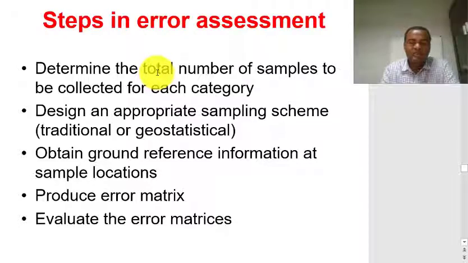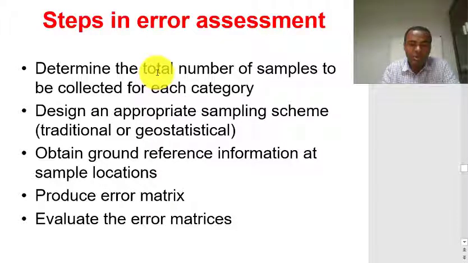Next, obtain ground reference information at sample locations. Once you finish your classification result, suppose you have 3 categories, you have to obtain ground reference information by going directly to the field using GPS, the Global Positioning System, at different sample locations.